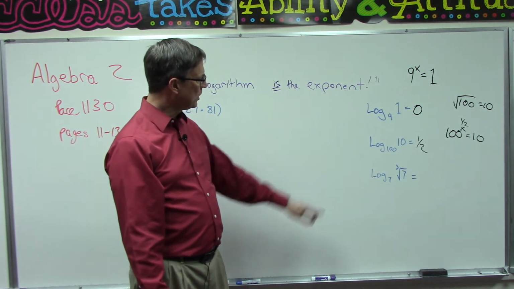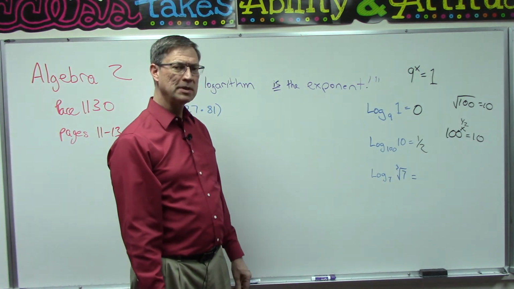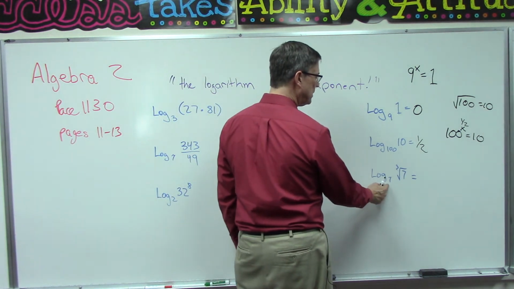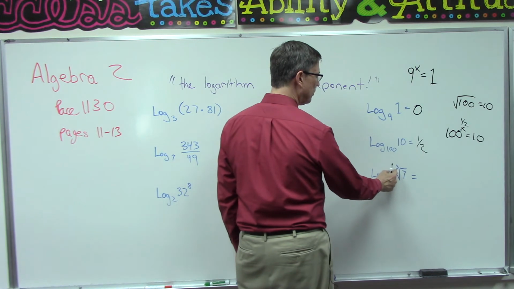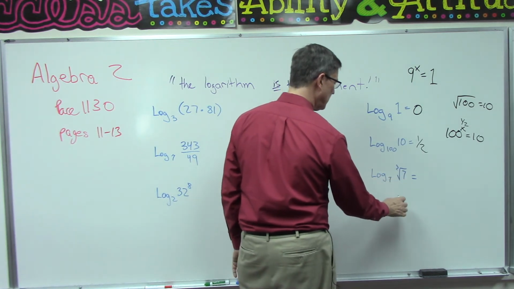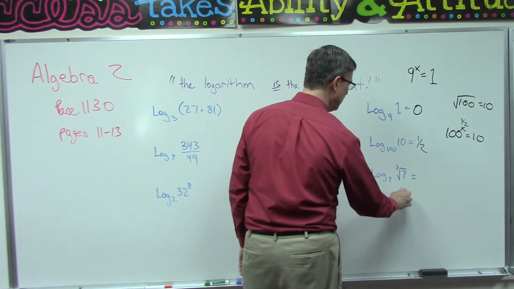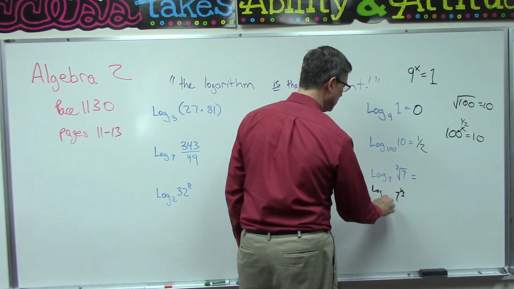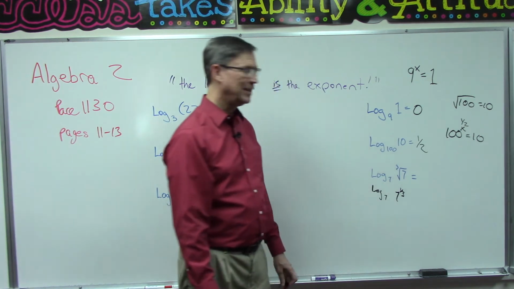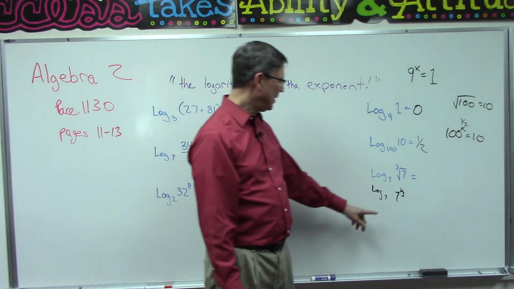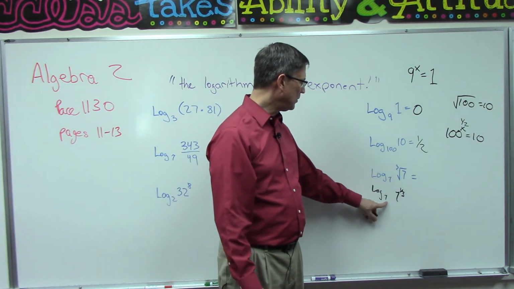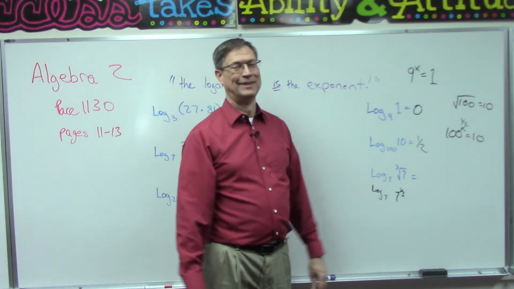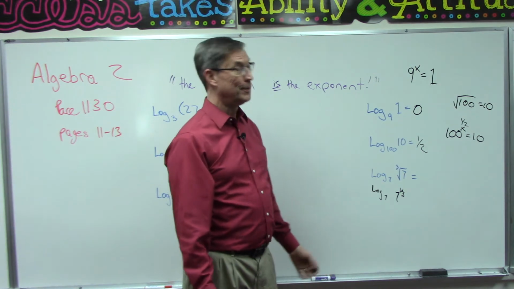All right, here's another tricky one. This is similar to one you have in homework, but it's not the same problem, but let's talk about it. Log to the base 7 to get the third root of 7. Well, let's first write this as 7 to the 1/3 power. Oh, now it should be obvious. We're saying, what exponent do I need to raise 7 to get 7 to the 1/3 power? 1/3, okay?